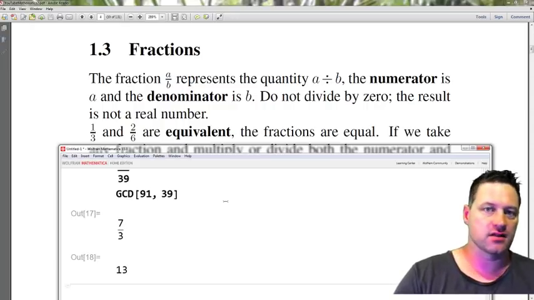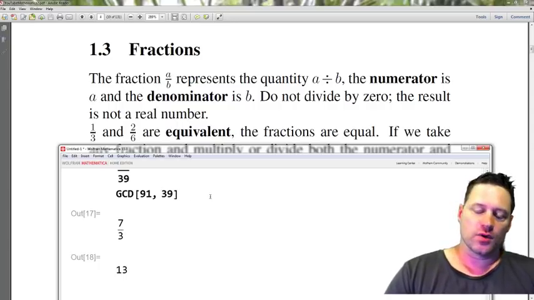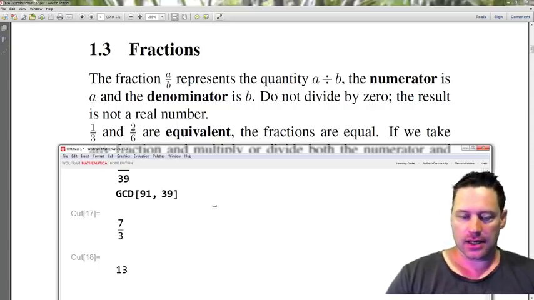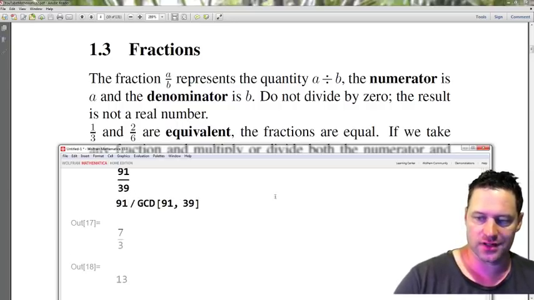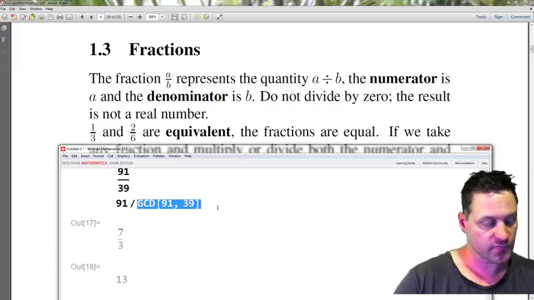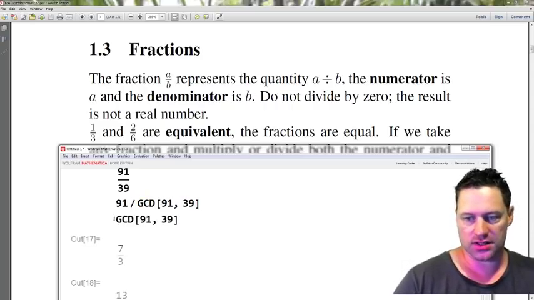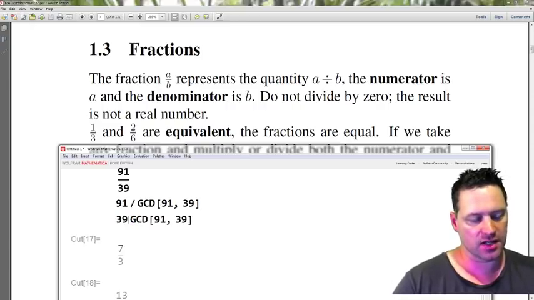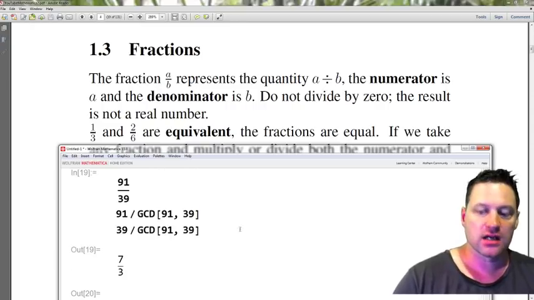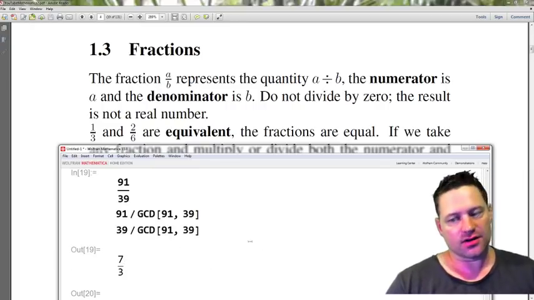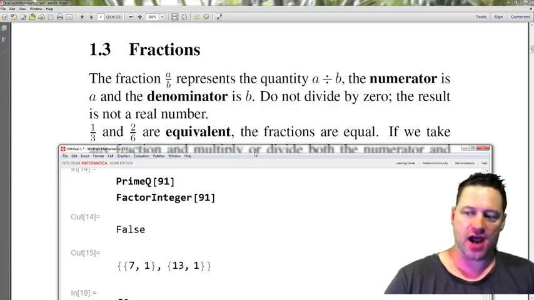We find the greatest common divisor is 13. Then we construct 91 divided by this GCD, and we want to know what 39 divided by this GCD is. We get 7 and 3, and then we form the fraction 7/3. That's how to reduce fractions.